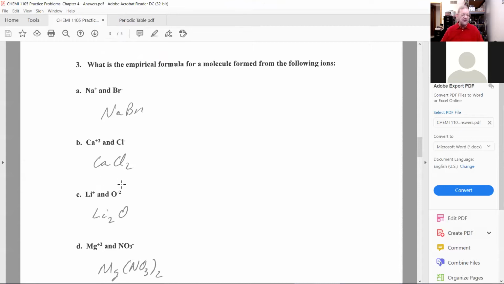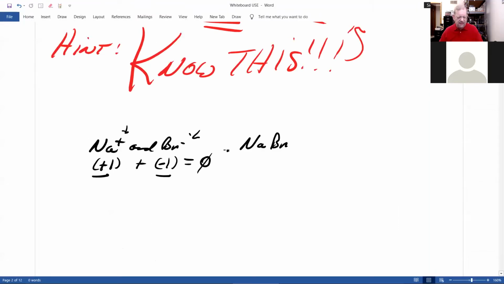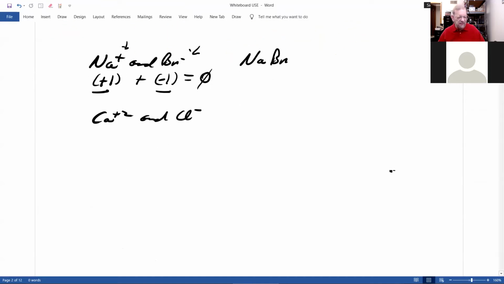Calcium +2, chloride -1. And what's the empirical formula? This is a +2. It says it right there.